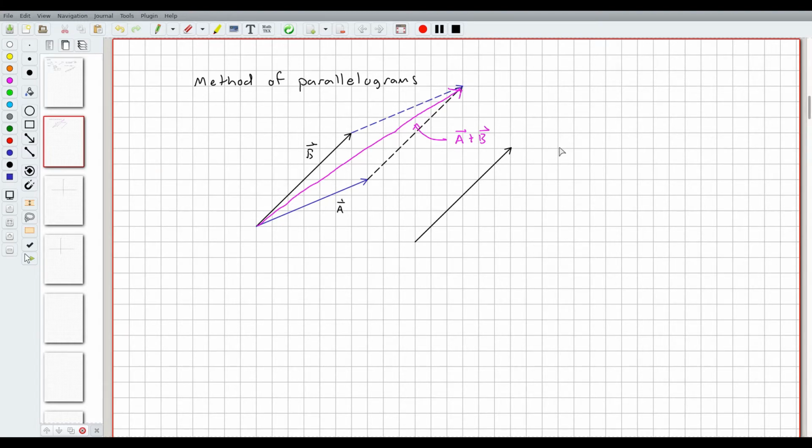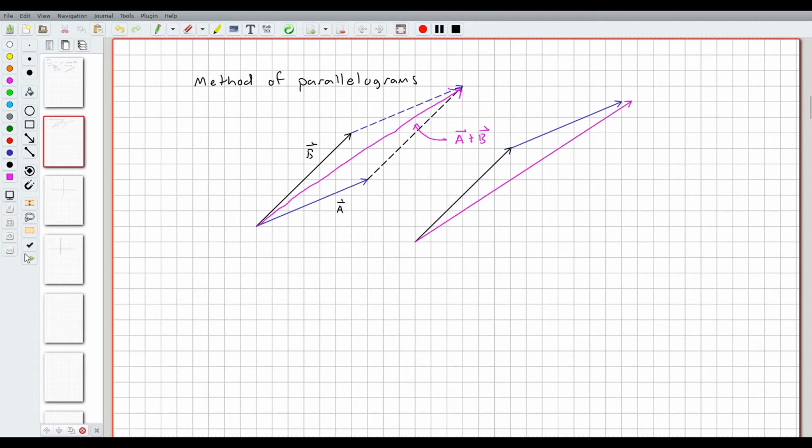This is 7 over 3 up. There you go. That plus that is equal to, hopefully this is going to work for us now. Gonna get it close.